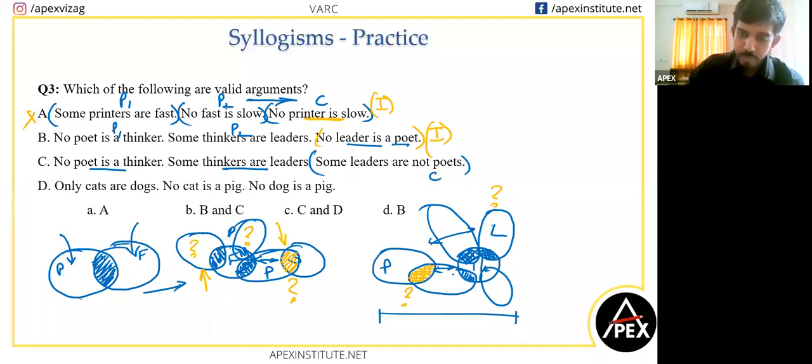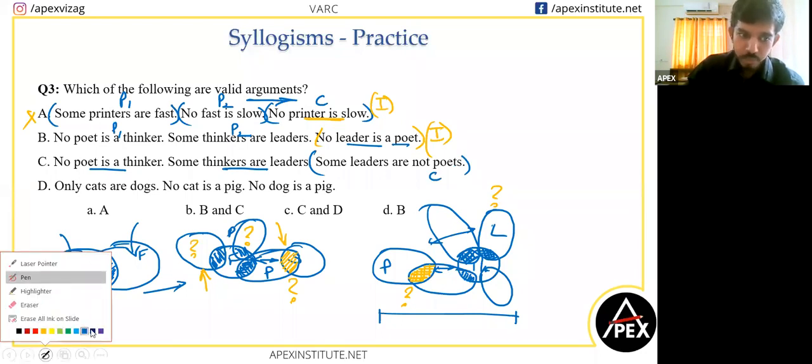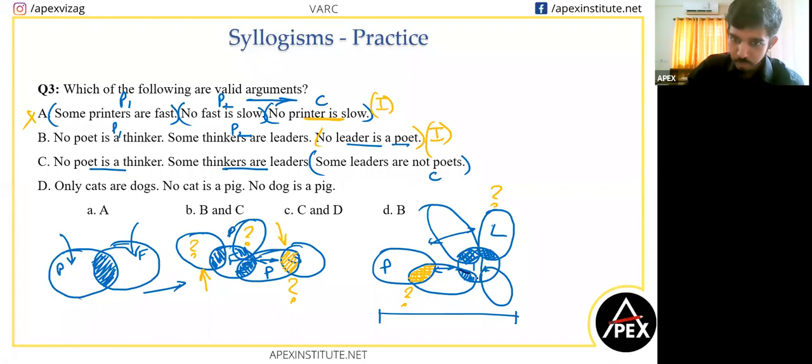Based on this diagram, can we always say that these leaders who are in dark blue here, because of the first premise that no poet is a thinker, this gap will always be there between poet and thinker. So those leaders who are overlapping with thinkers can never be poets, right? So some leaders are not poets will always be true. This is a valid argument.